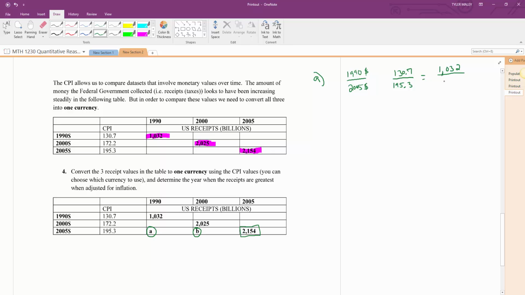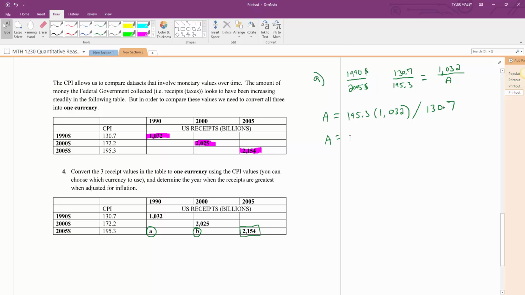So now I need to solve for this unknown. I'm going to use capital A as my variable, so A goes with this A down here. Setting this up, we would get A equals 195.3 times 1,032, and then we divide that by 130.7.